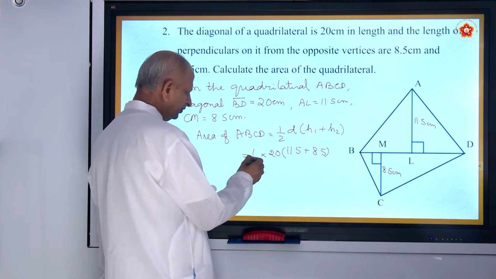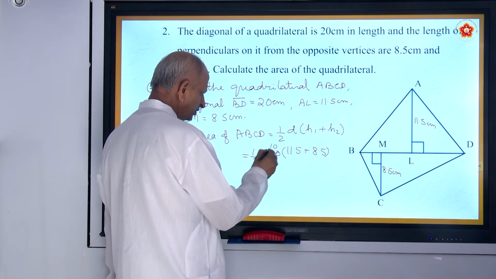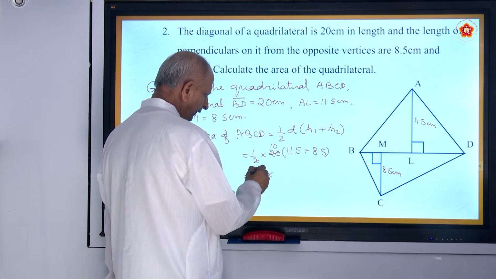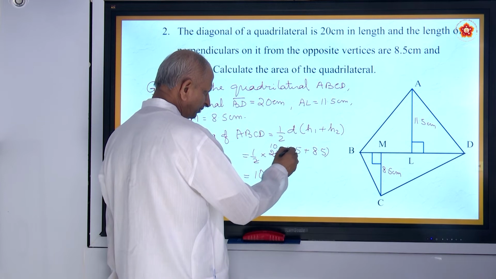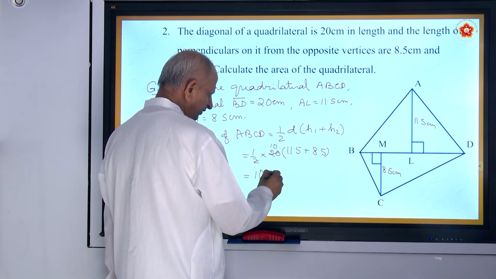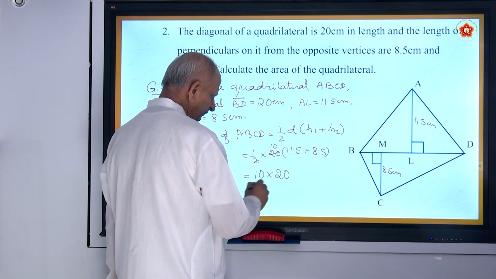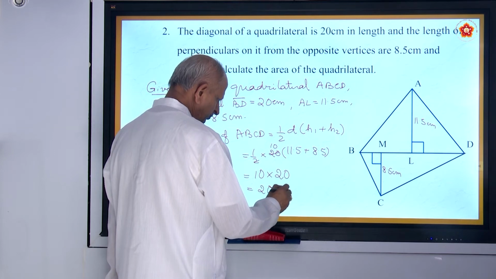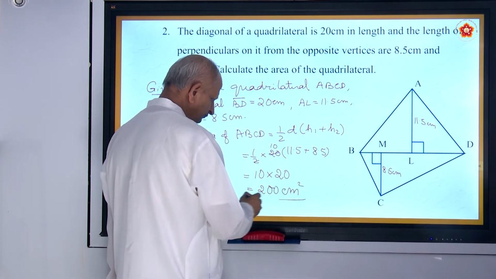So you have 2 ones are, 2 tens are. So 10 into 11.5 and 8.5. 11.5 plus 0.5 becomes 12, plus 8, 20. Total it will be 200 centimeter square.